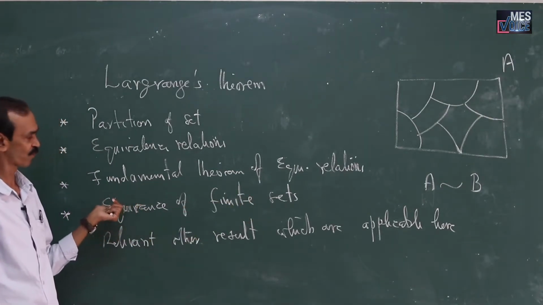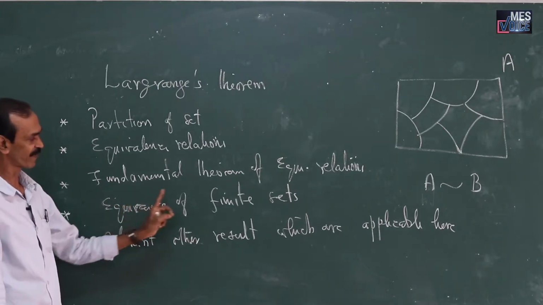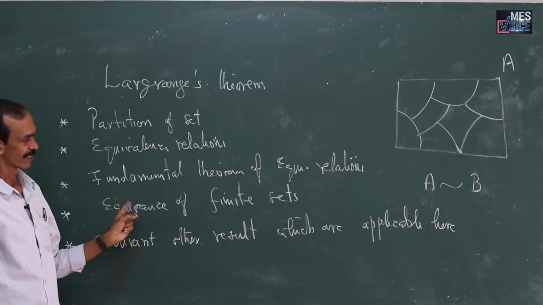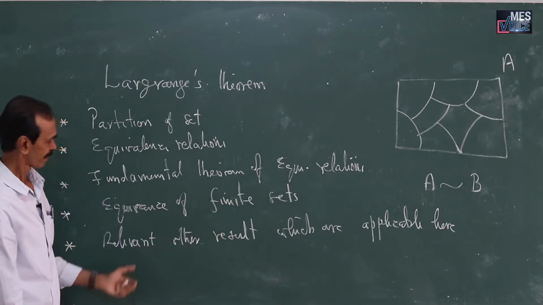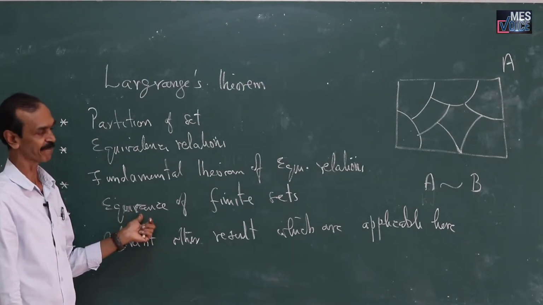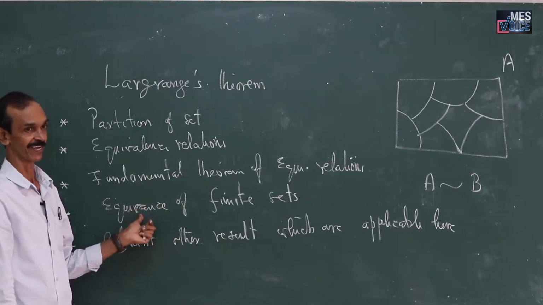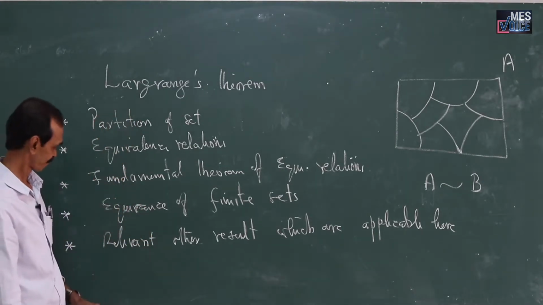Suppose A and B are two finite sets, and if there is a bijection between A and B, then according to the theory, we can say that the number of elements in A and B must be equal, and that is a wonderful result which is used in the context of proof.